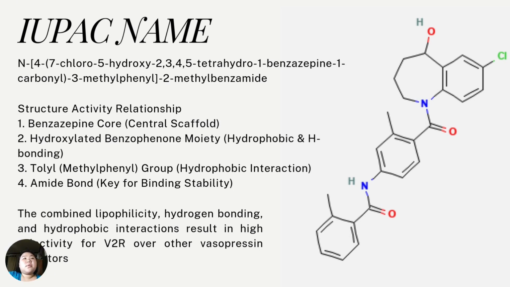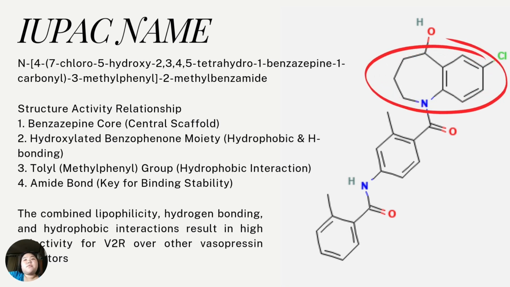First of all, we will start with the benzazepine core, which is the central scaffold. You'll notice that the red circle is encircling the benzazepine core. The benzazepine core, a seven-membered azepine fused to a benzene ring, is essential for binding of the vasopressin V2 receptor, V2R.